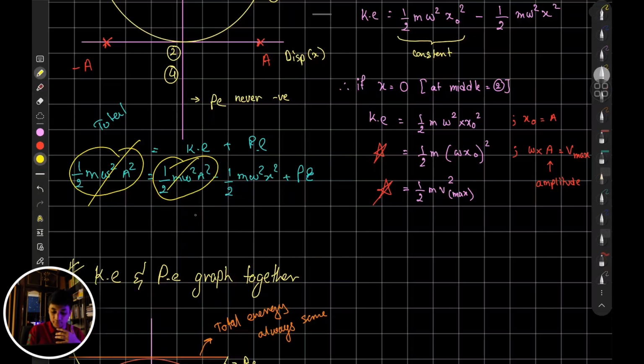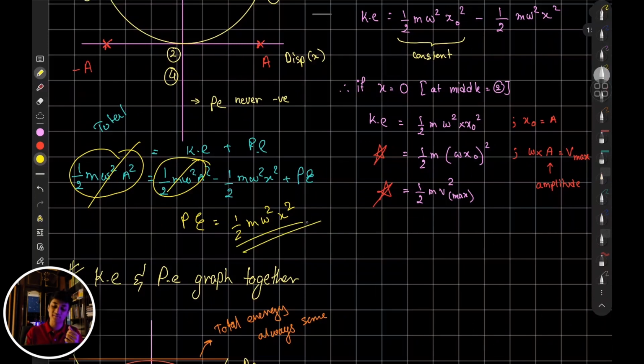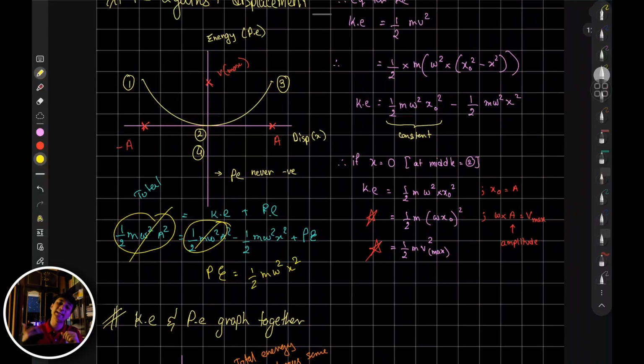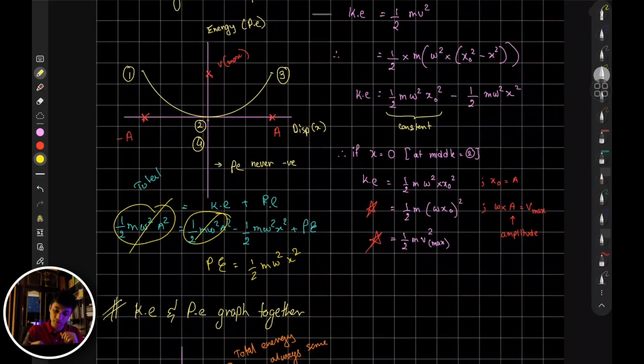And what are you left with? Well, there's a negative sign, so take this to the other side. Potential energy is half m omega squared x squared. So now you have an equation for potential energy. This is also why this is the curve you have, where potential energy is proportional to x squared.